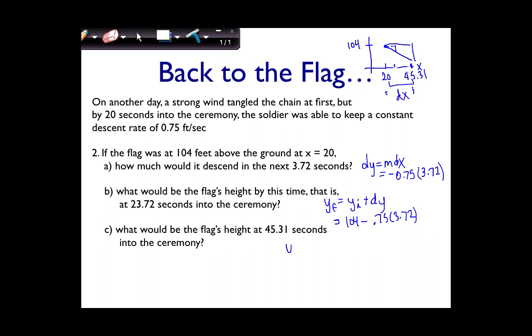We can get our y final: 104 minus 0.75 times, and we could either write it out, or this one's pretty easy to subtract, 45.31 minus 20. X final minus x initial, or this is all dx.